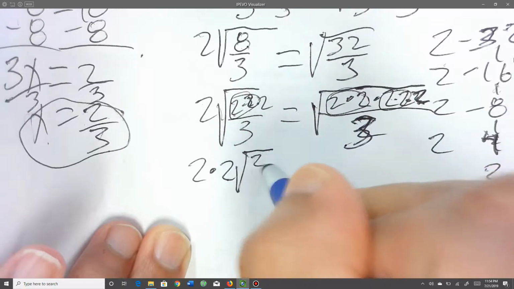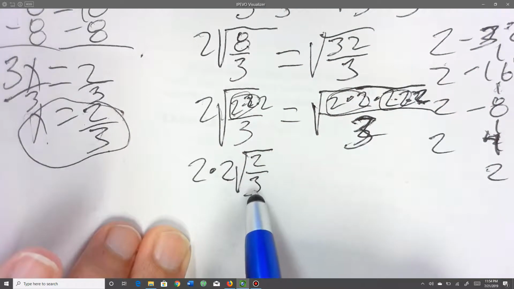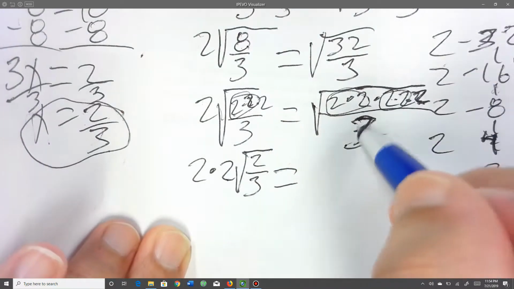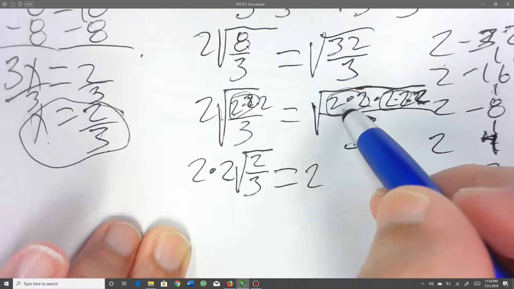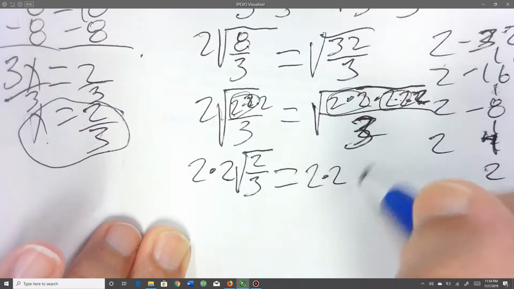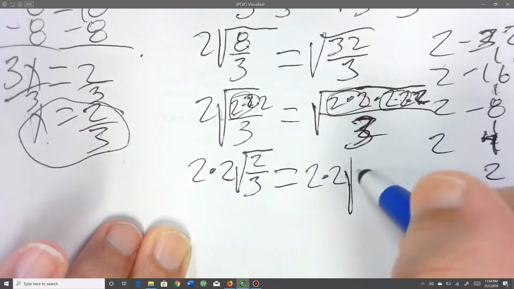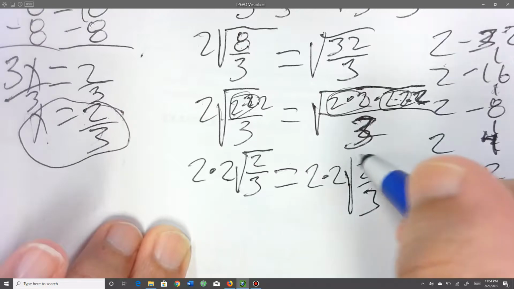Rewrite whatever was left inside, which was 2 over 3. Here same thing happens. Square root of 2 squared is 2. Pull them out as multiplication. Leave the remainder inside, which is 2 over 3.